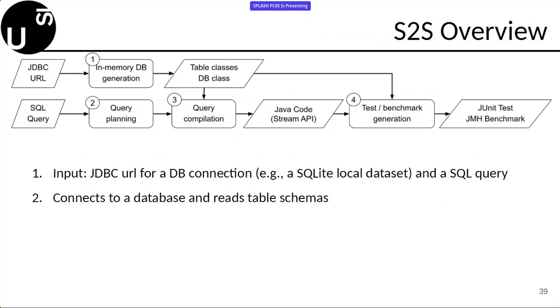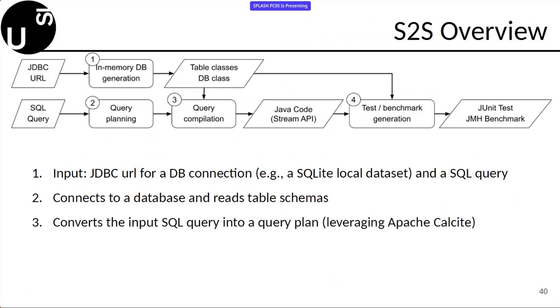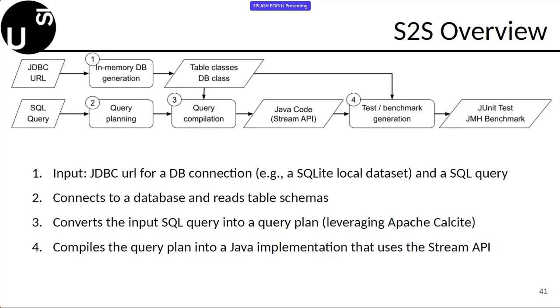It reads the table schema, and it generates Java code to handle the data in the database. Basically, the first step is converting the data in the database into Java objects. Then we convert the input SQL query into a query plan by leveraging an existing tool, again Calcite.